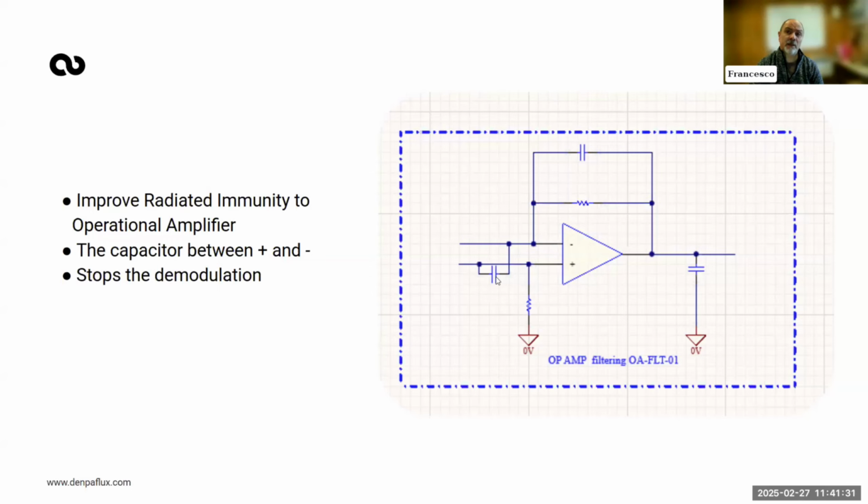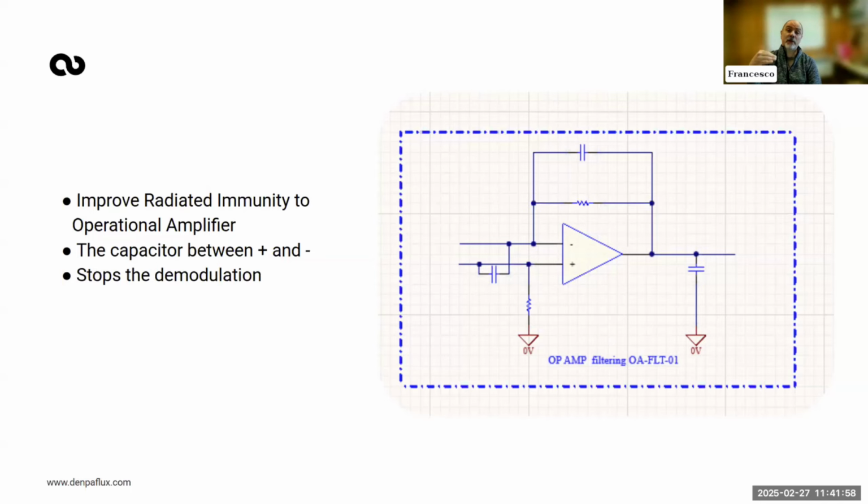Now, there is a trick that I'm going to share with you to understand if you need to fit this capacitor or not. If during a test, let's say you're failing at 300 megahertz and your equipment does not work, ask the EMC house to do the same test, same frequency, but remove the 1 kilohertz demodulation signal.